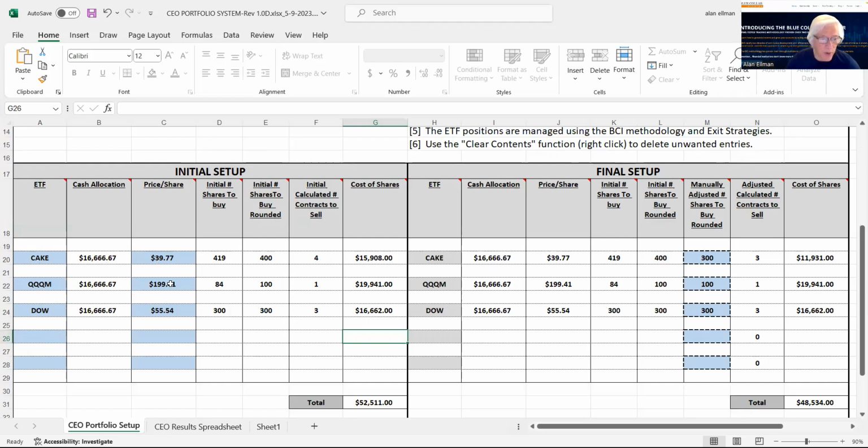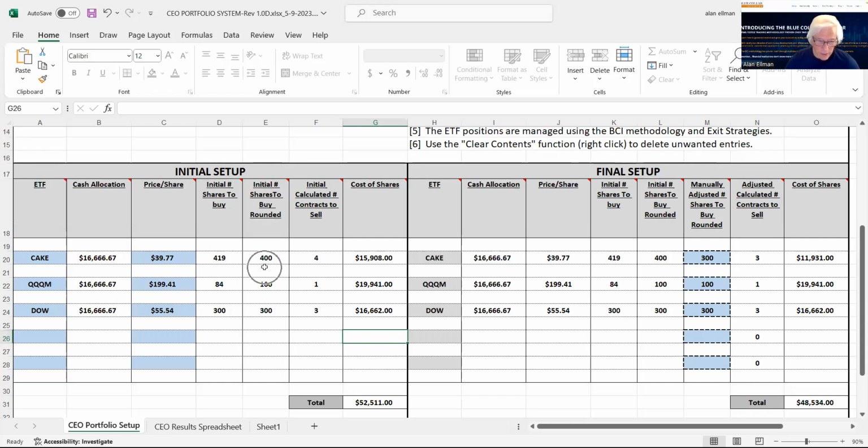Now we enter the price per share. The spreadsheet does the rest. It tells us that based on 16,666 and a price of 39.77, which will change a little bit when we actually buy the shares, but this is a guideline, we could buy 419 shares, and it'll round it up or down depending on if it's above or below 50.